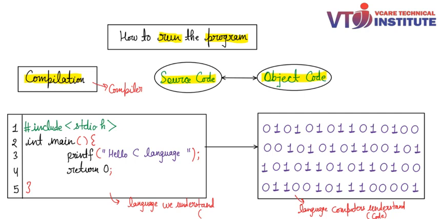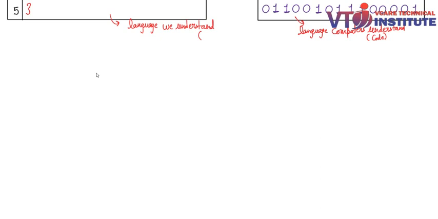So we have to talk about the language of computers. The language of computers is binary, which has a digit combination of 0 or 1.